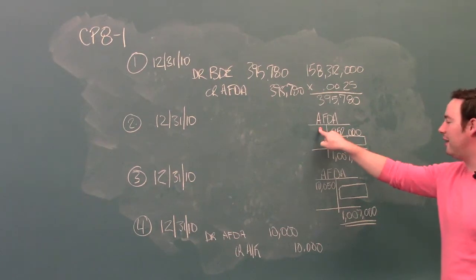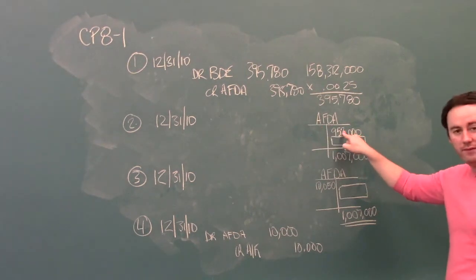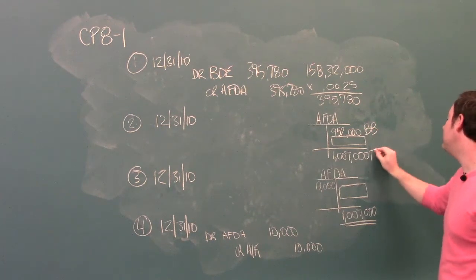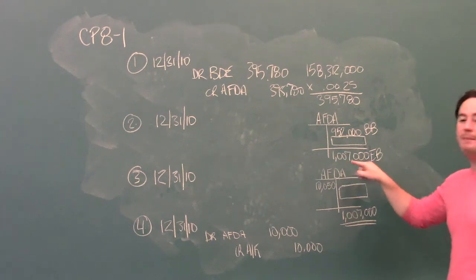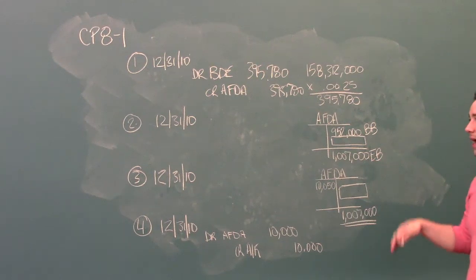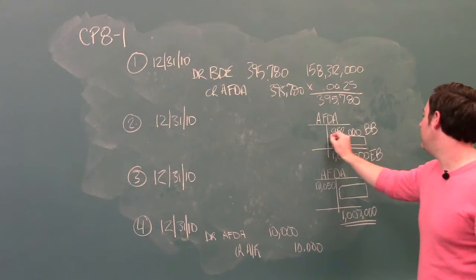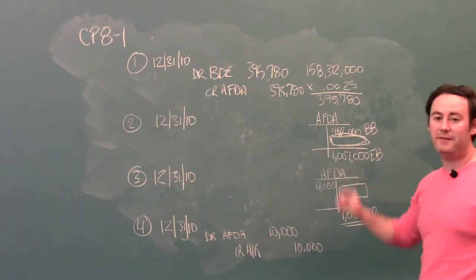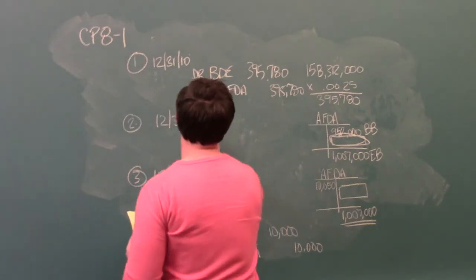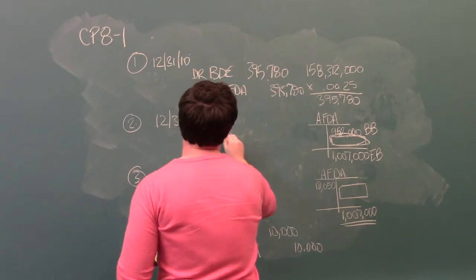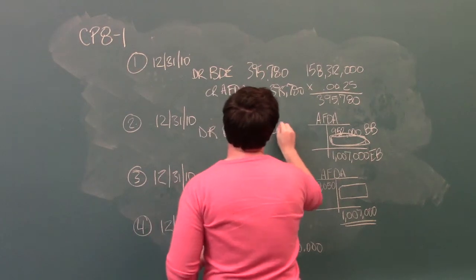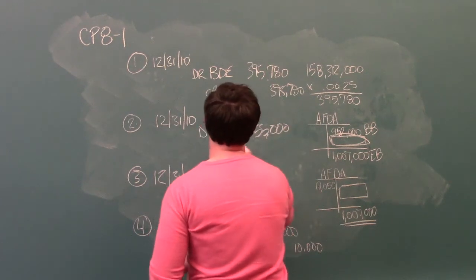It tells us that allowance for doubtful accounts has 952,000 as a beginning balance. So here's where we're starting. It tells us in part 2 that the ending balance is 1,007,000. That's what we want to be at. So we need to find what this box area is. The difference that gets us to that point is 55,000.